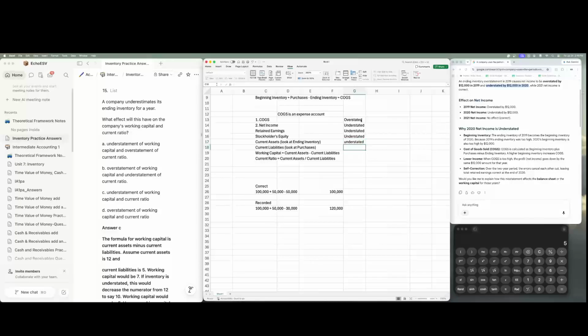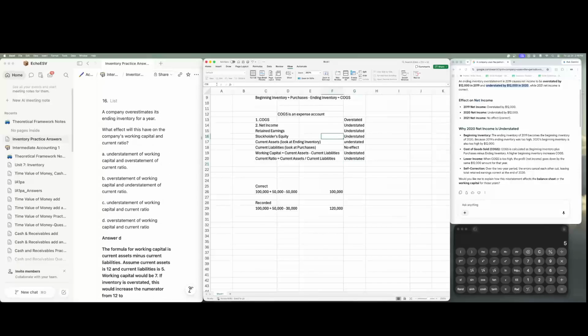The liabilities, purchases, no effect. If the current assets are understated, the working capital is going to be understated, as well as the current ratio. So what effect does this have on working capital and current ratio? Understatement of working capital and current ratio.